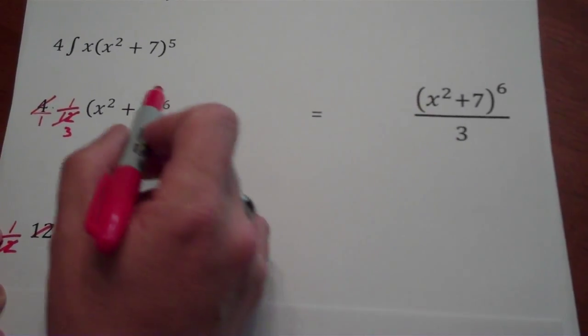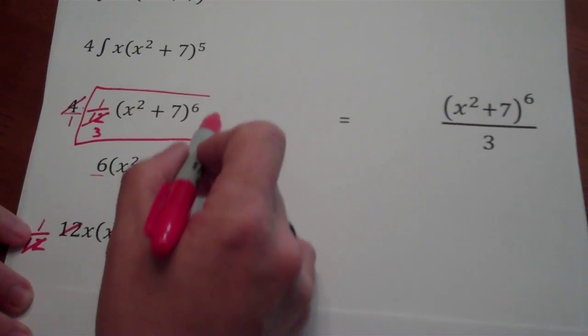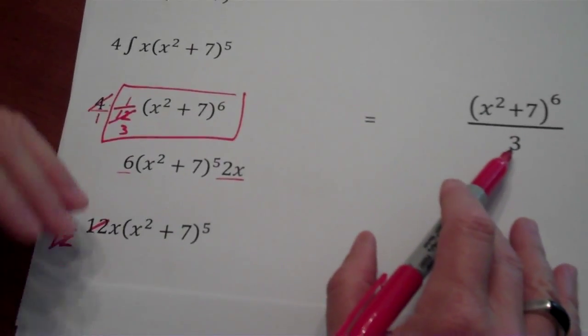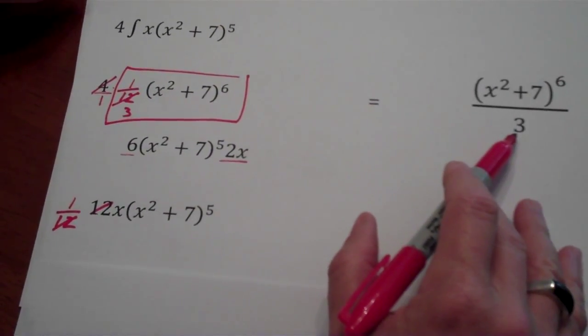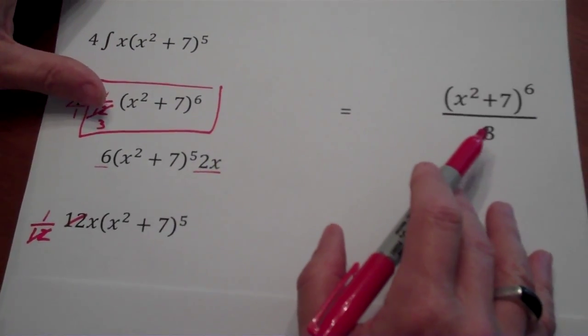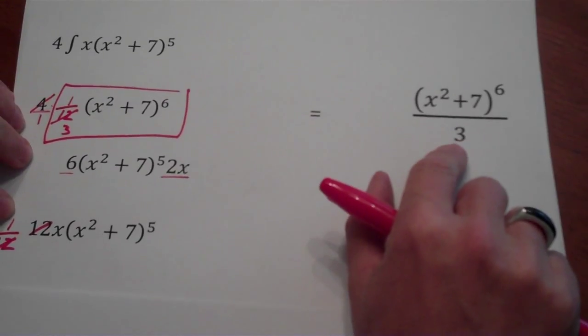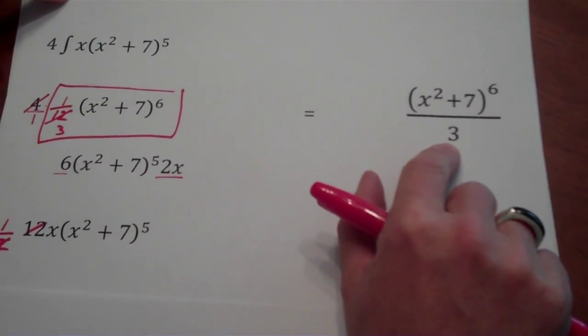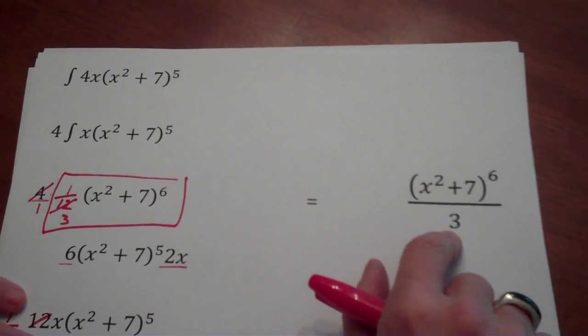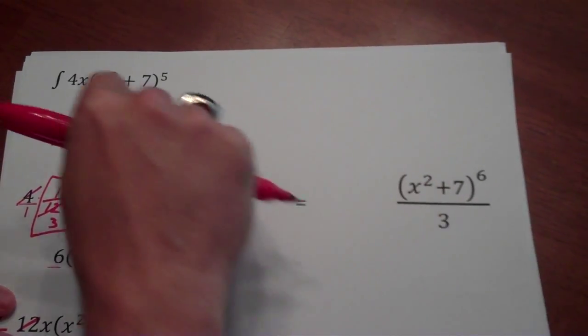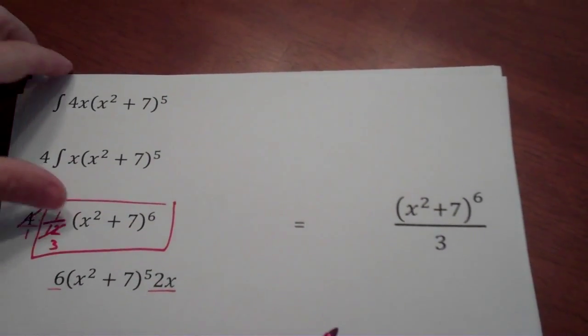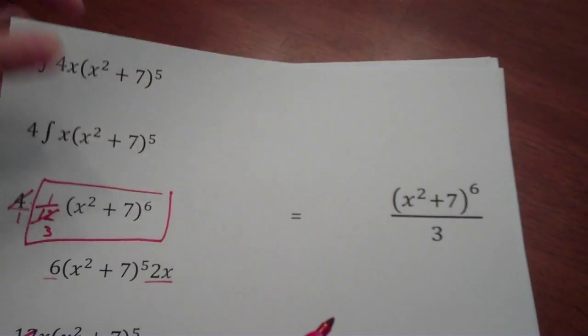But I want you to realize, of course, that 1/3 in front, or dividing by 3, is exactly the same answer. Now, let's go ahead and check our problem. If this truly is the integral for what I started with, I should be able to take the derivative now of this and end up with what I had to begin with. Let's check it and see if it works.